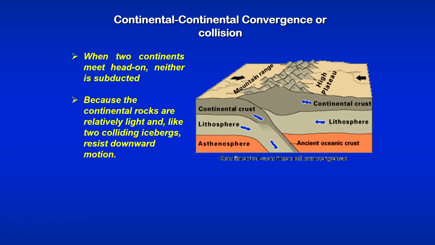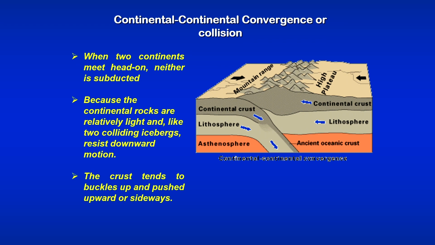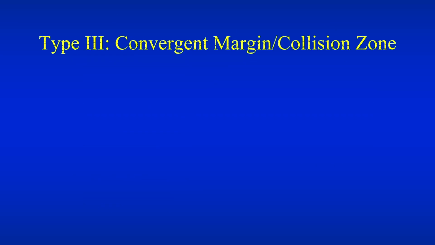None of them will subduct, but because continental rocks are relatively light and, like two colliding icebergs, resist downward motion, there will be a push or buckling up of the material in that region, resulting in the formation of gigantic mountains. An example is your Himalaya.